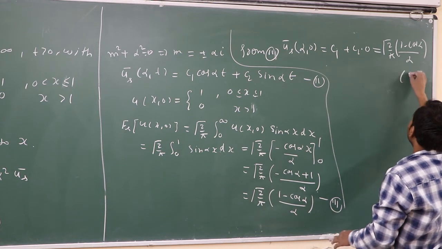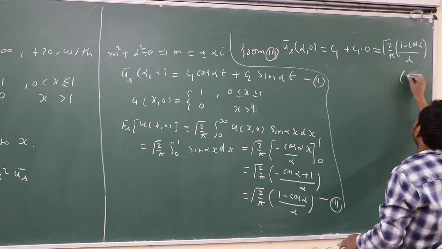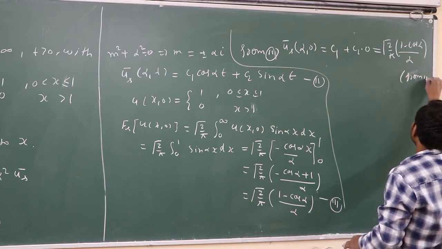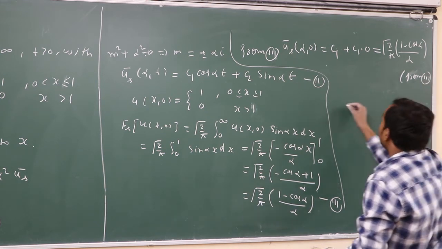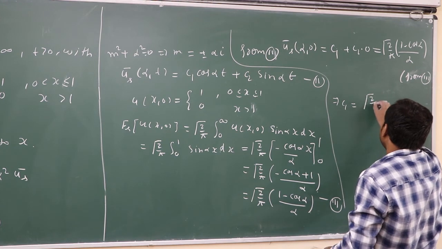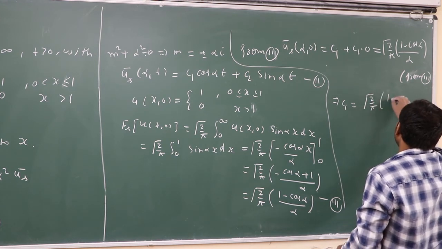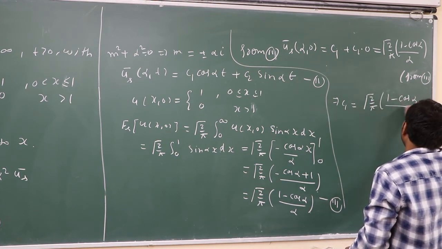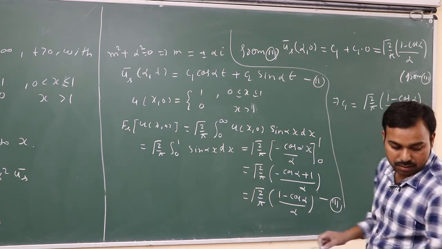So from 3, finally we get c1 equal to under root 2 upon pi, 1 minus cos alpha upon alpha.